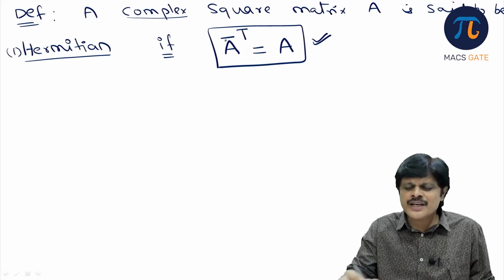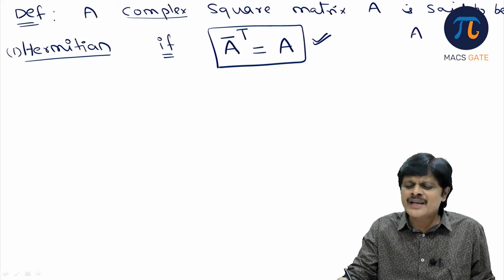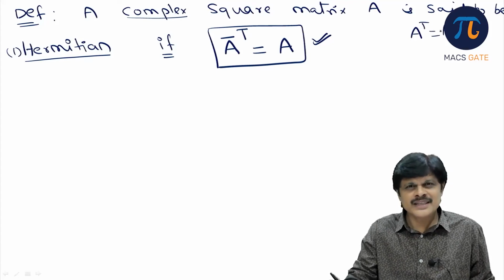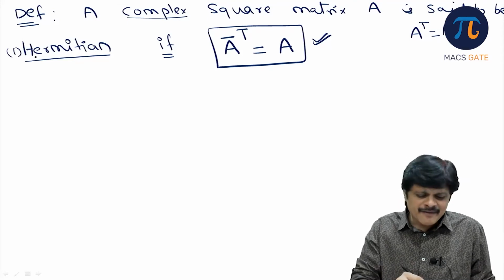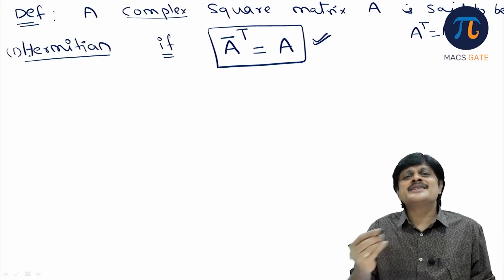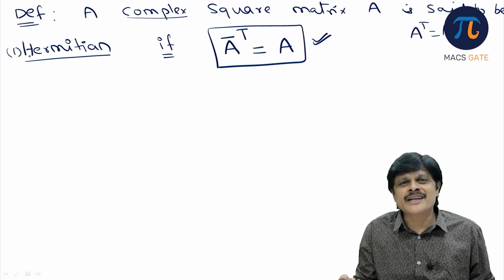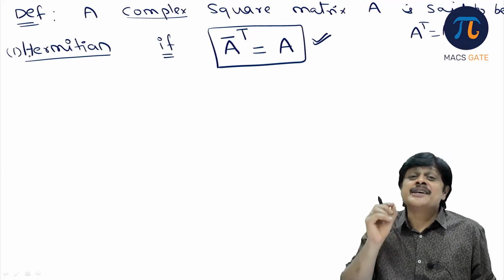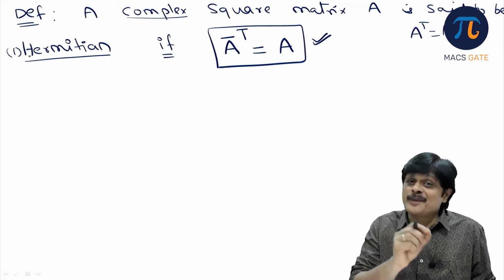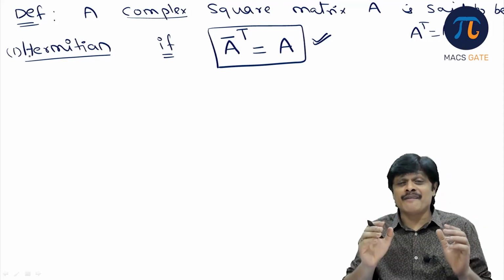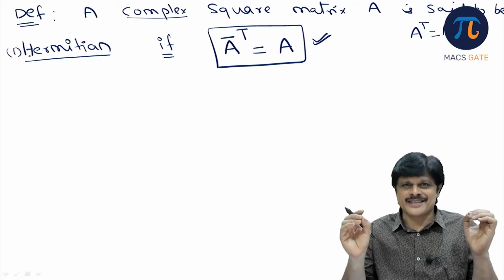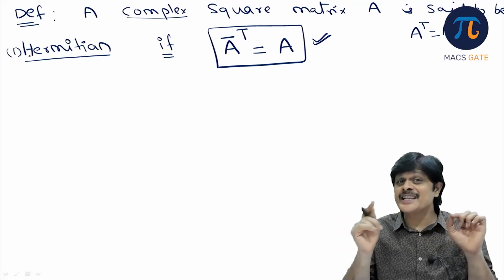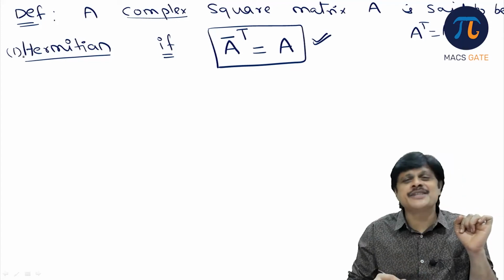Because the conjugate becomes A only, this definition is simply A transpose is A. Is it clear? That means this definition becomes the definition of a symmetric matrix. Symmetric matrix is a special case of Hermitian matrix. Now we are defining more general matrices.